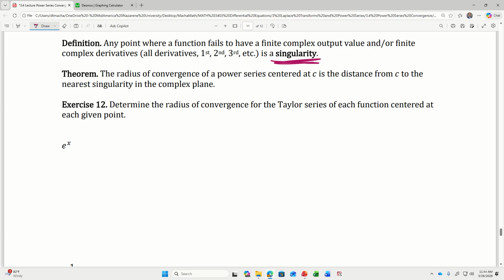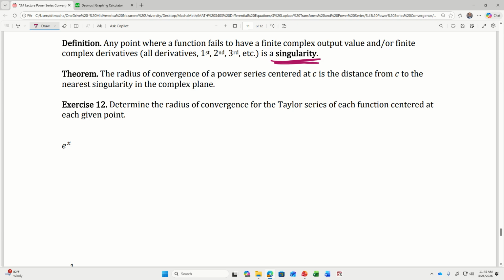Well, if the value of the function itself goes to infinity or negative infinity or some complex generalization of infinity, then your power series can't converge there. It diverges. And if a point diverges, then it implies that every other point in the complex plane that's farther away from the center must diverge as well.